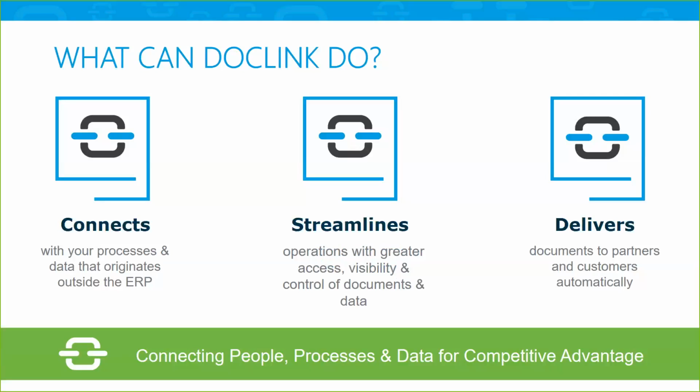So, what can DocLink do? The very first is, of course, connecting data to the people that need it. DocLink has the ability to connect the right people at the right time with the right document to effectively do their critical work. And it gives you all the tools required for that. It streamlines operations and gives back control over the documents and data, and then, of course, the transactions.